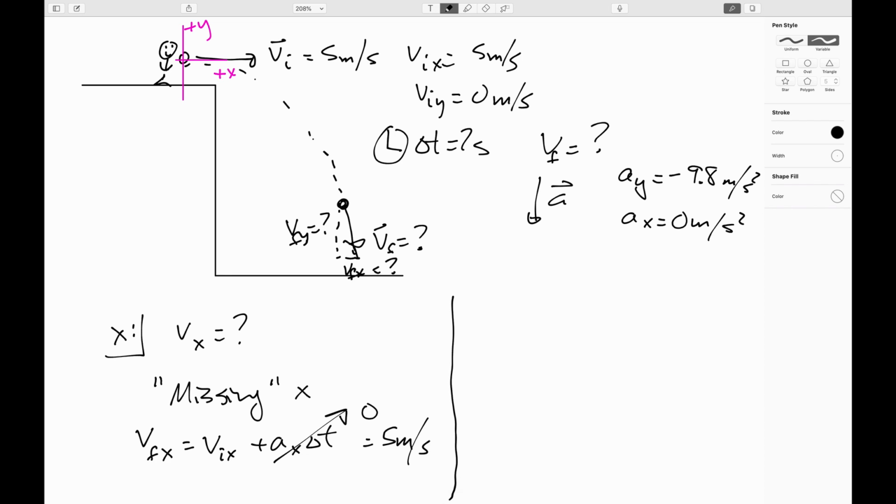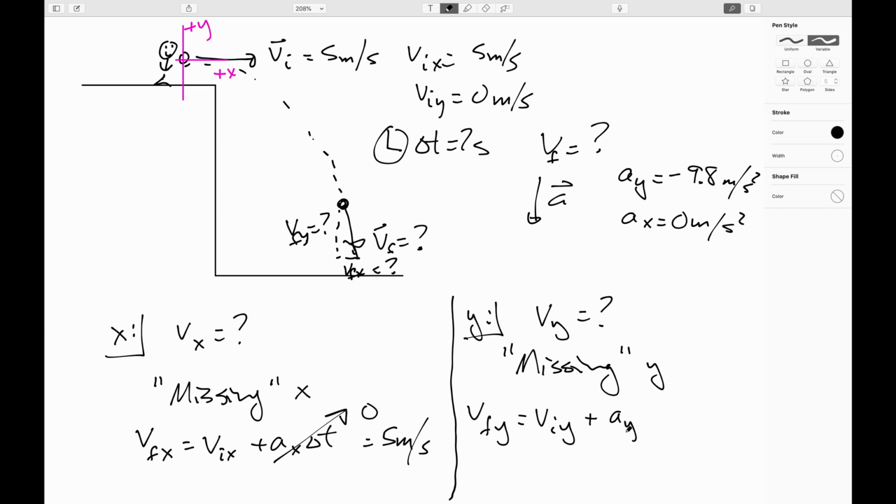All right. Now let's go over to the land of y. So again, same deal. We want to find Vy. Again, here we are neither asked for nor given the y coordinate, so that's missing. So again, V final y equals V initial y plus ay delta t.